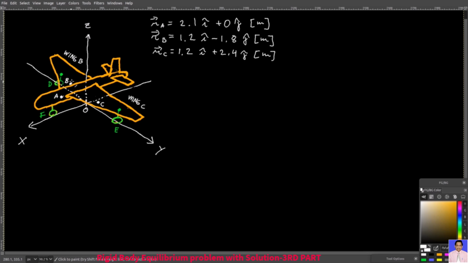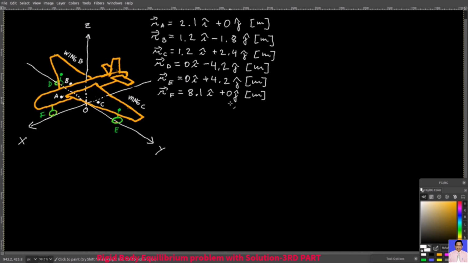The wheel underneath wing B is at point D, and so the position vector of point D is this one. And then the wheel underneath wing C, it's point E, and so this is its position vector. And finally, the wheel underneath the fuselage is this point F, and this is its position vector.